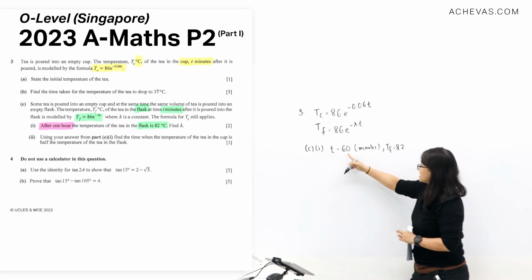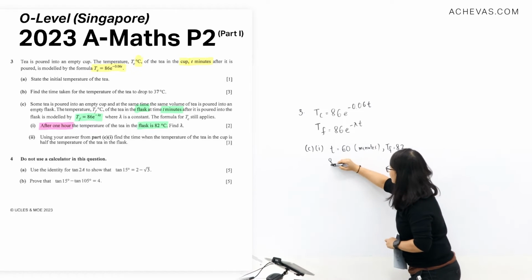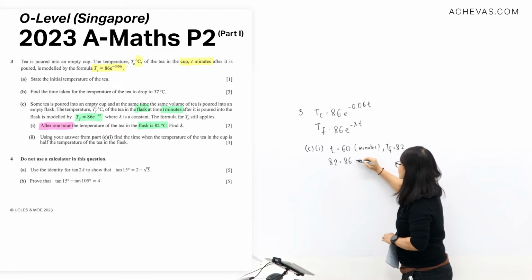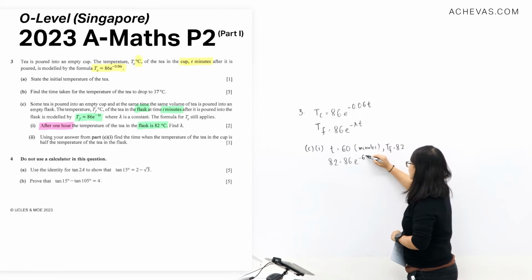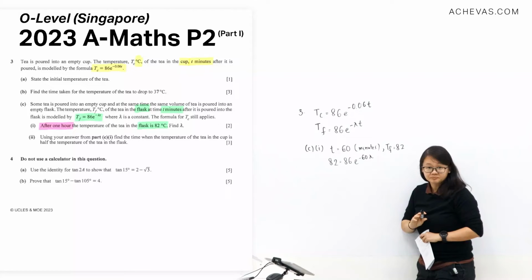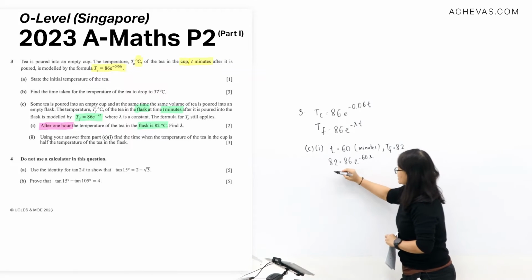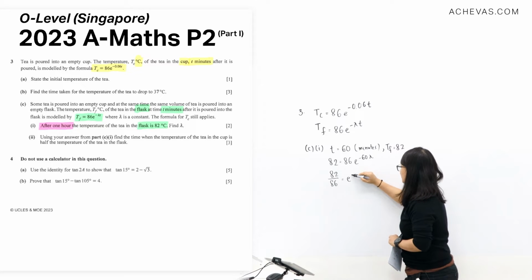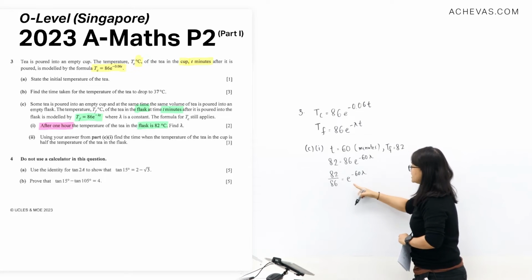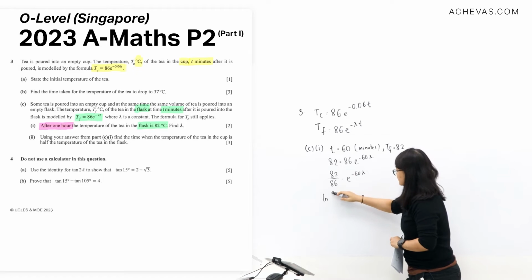Plugging in this and this number into this formula, I'll be getting 82 equals 86 e to the power of negative, I'm going to swap this position and write it as 60 lambda. Alright, so dividing by 86 on both sides, 82 divided by 86 will be equal to e to the power of negative 60 lambda. Taking ln on both sides.